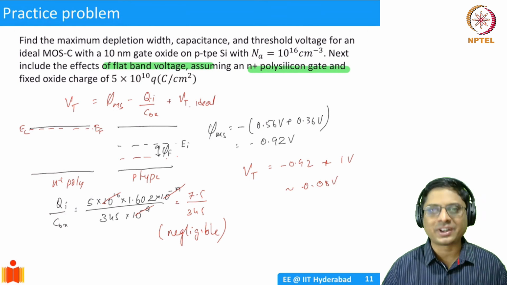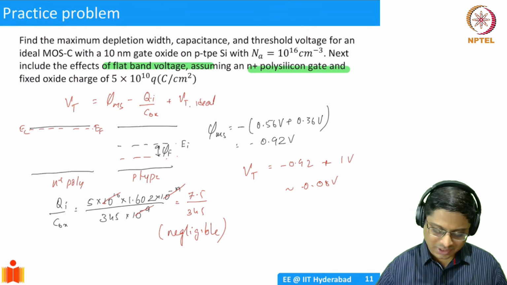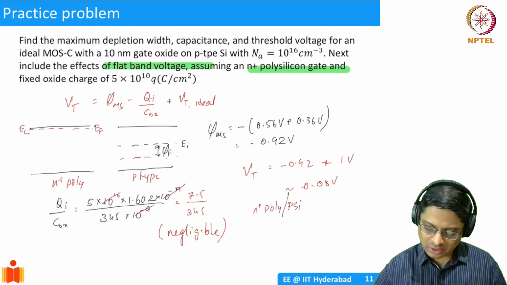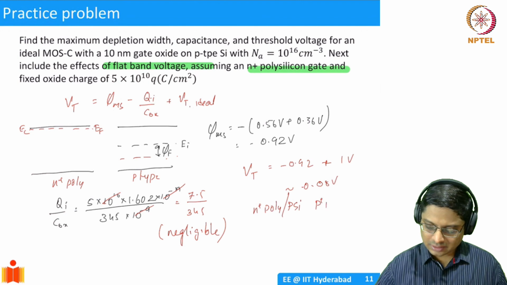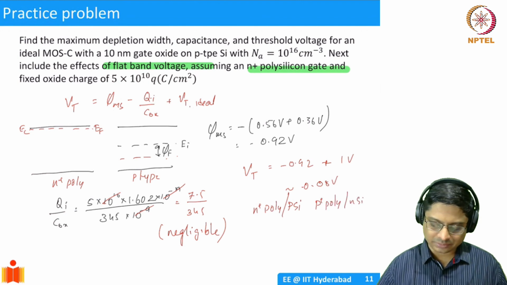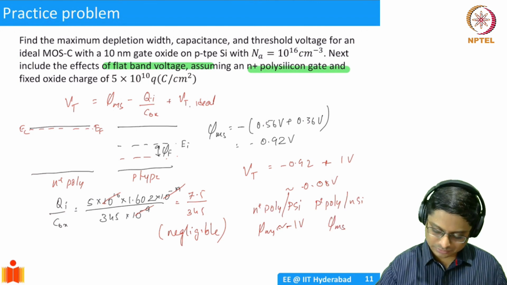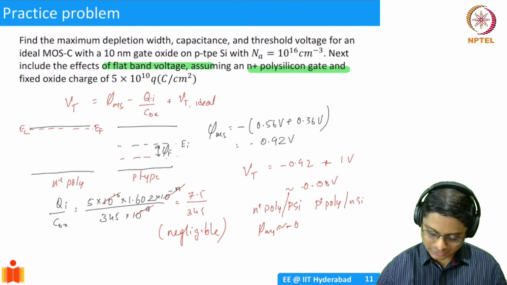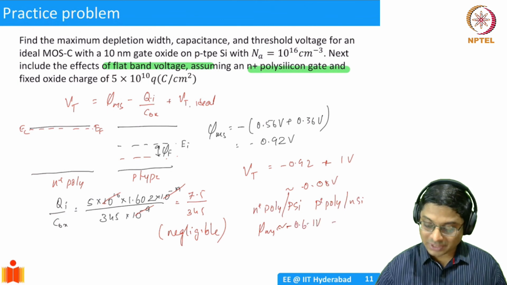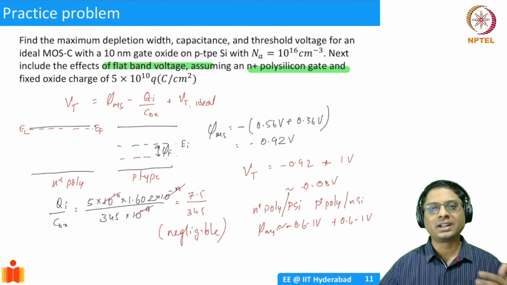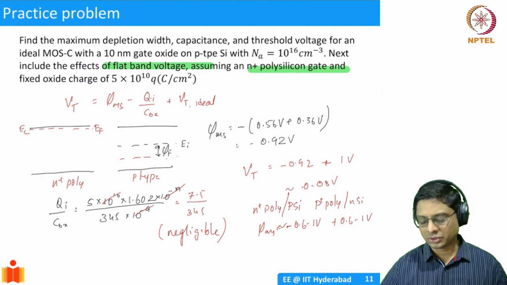Since you have this large phi ms, which is negative, if you choose N plus poly P silicon combination or P plus poly N silicon combination, phi ms is going to be large negative, approximately minus 1 volt. You can take it. Here phi ms is going to be not 1 volt, 0.8 to 1 volt or 0.6 to 1 volt, I'll say. Here it's going to be plus 0.6 to 1 volt. Okay. Because in this case of P plus poly N-type silicon, phi ms is going to be larger, so it's going to be positive number.